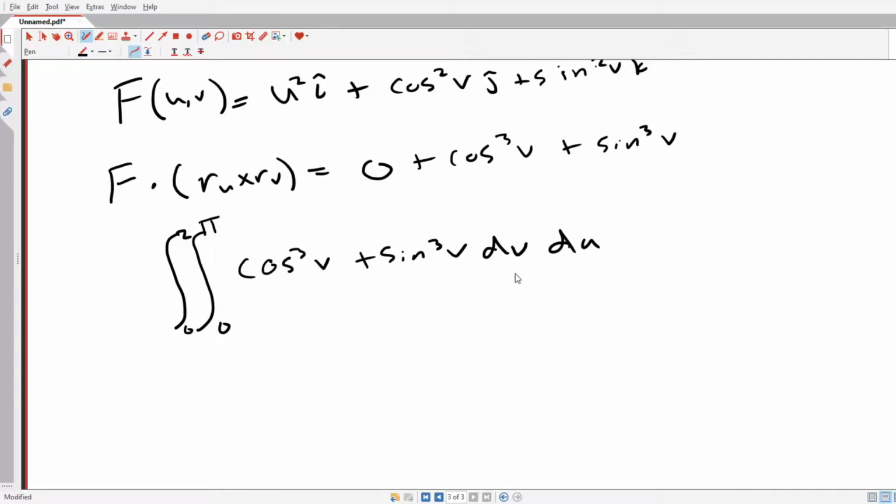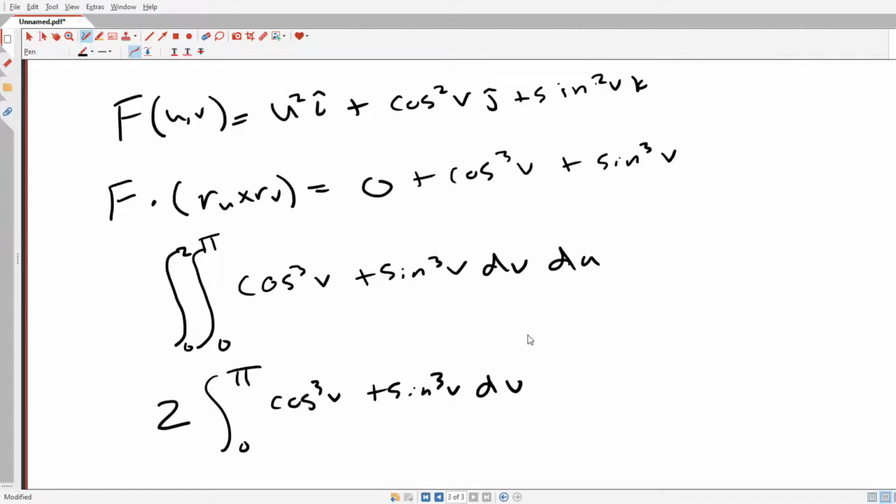But none of this depends on u, so I can pull this out of the u integral and have the integral from 0 to 2 du of this. Then I could integrate that, and that would be my flux integral.